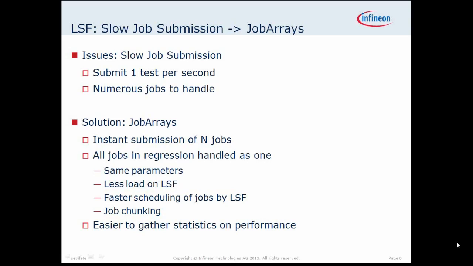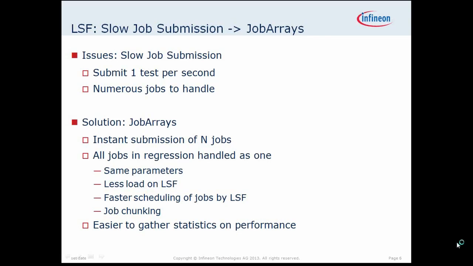And once they're submitted, the load sharing tool can handle those jobs much better. It can schedule them faster onto all the execution hosts, and it can make a much more efficient job of it. And of course, it's easier to gather statistics on the performance of a regression.